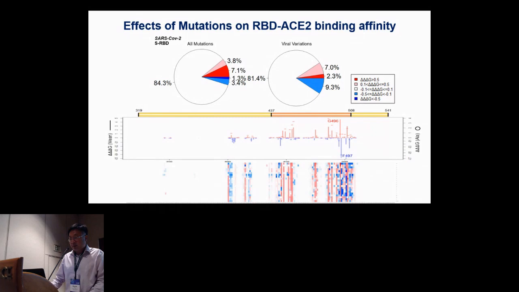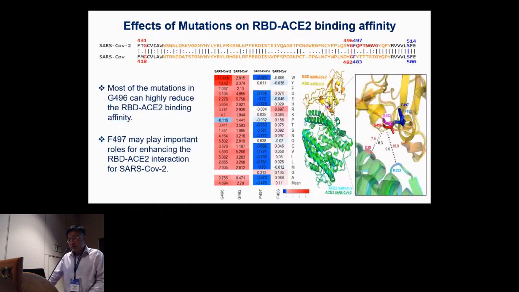Then we take a look at the top cases. For G496, most mutations in this residue highly reduce binding affinity. It is very similar in SARS-CoV-1. It is very interesting at the labeled residue F497.